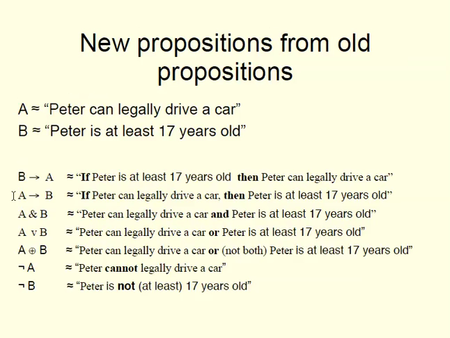Well, it's tempting, in everyday language, for a lot of people to consider the two statements to basically say the same thing. If you go out here in the UK and check the statement empirically, if Peter is at least 17 years old, then Peter can legally drive a car.